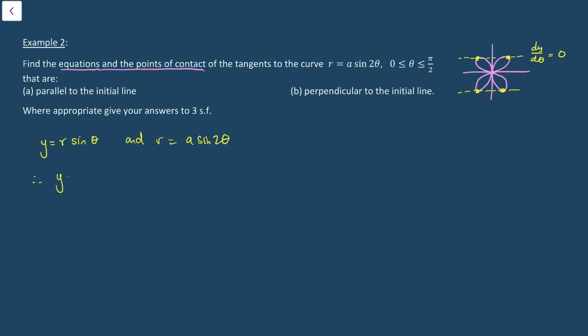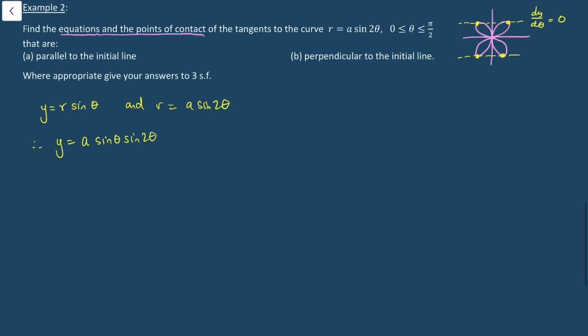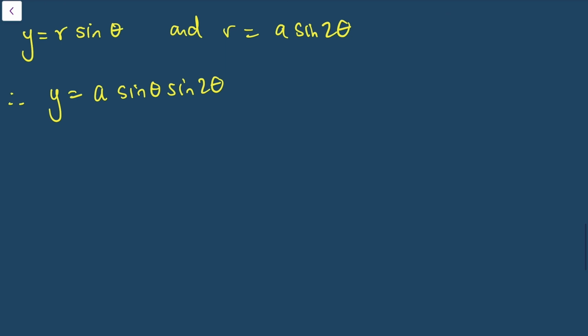So therefore y is going to equal a sine theta times sine 2 theta. Sine 2 theta is an identity, equal to 2 sine theta cos theta. And so when I sub that in, I get y equaling 2a cos theta sine squared theta.